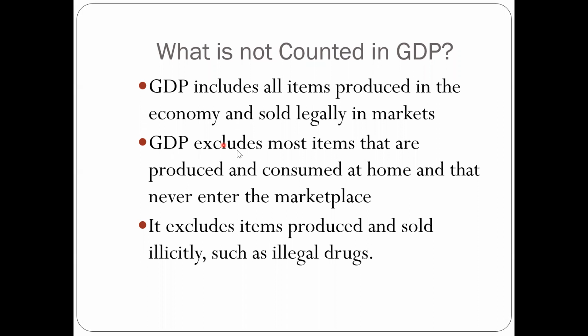So GDP excludes most items that are produced and consumed at home and that never enter the marketplace, or the goods that are illegally traded, like drugs. We can't include it in the gross domestic product because it has been traded in an illegal way.